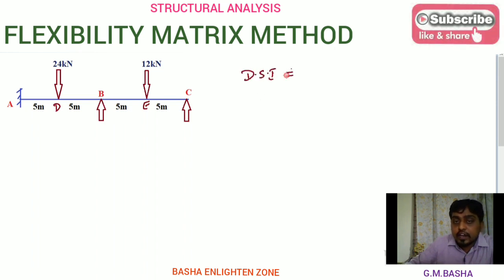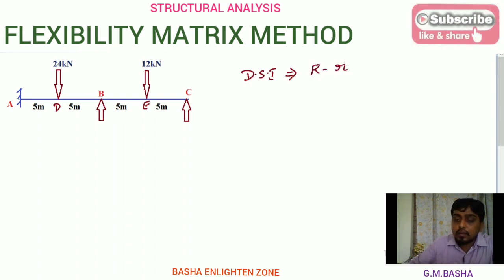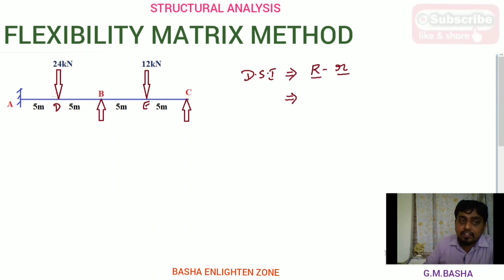The degree of static indeterminacy will be equal to reactions minus available equilibrium equations. This small r represents available equilibrium equations and this r represents the total number of reactions.